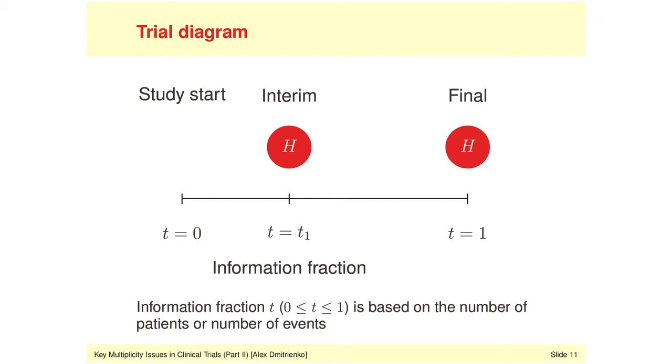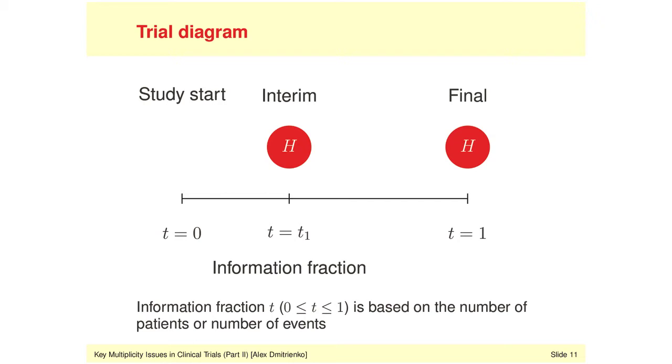It ranges between 0 and 1. The information fraction of 0, t equal to 0, corresponds to the study start. The other extreme here is the information fraction of 1. That's where the final analysis will be performed, and an interim analysis may be performed somewhere in between. For example, it may correspond to the information fraction of t1.